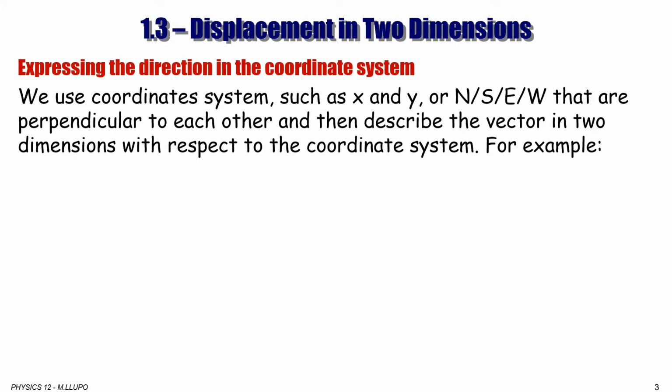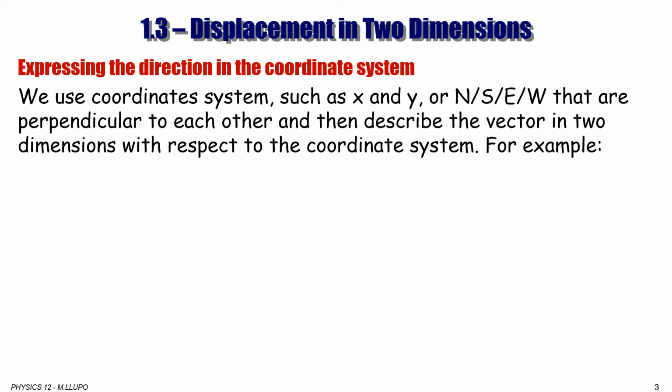We're going to learn how to express the direction in a coordinate system. The coordinate system, we can use it the same way as we use it in math, as an X and Y coordinate system. However, we can use north, south, east, and west as well. So the common thing between those two coordinate systems is that they are perpendicular to each other.